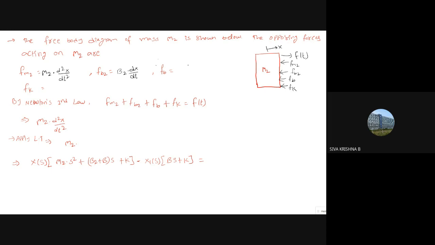And it is b into the difference between, what is the difference here? x minus x1. Yes, very good. So here also k into x minus x1. So by the same second law, apply all this.